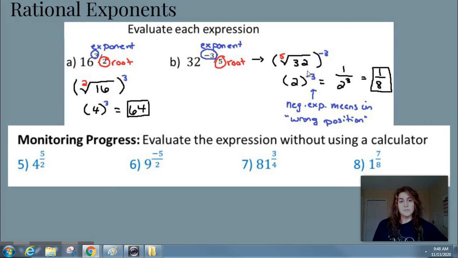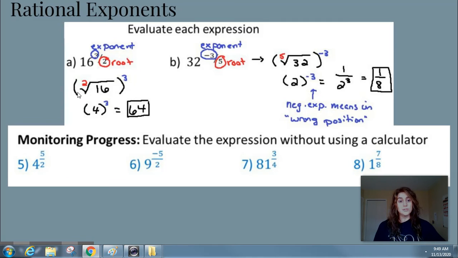But just real quick, if I have a negative exponent, remember that means it's in the wrong position. So if it's a whole value, I need to flip it, bring it into the denominator, and use the 1 in the numerator. Just to walk through this one, notice I put the exponent on the outside, just makes it easier. I don't really want to find 32 to the third power yet, but I can find the root of it to simplify.